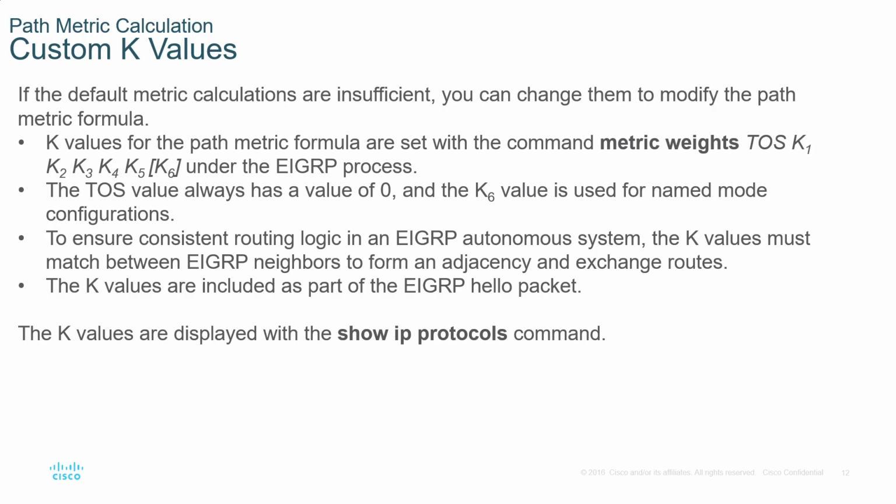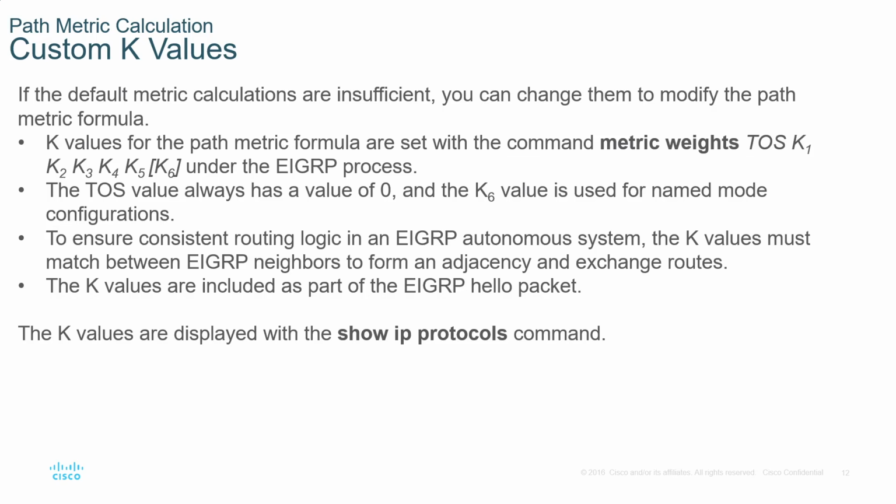Now, metric weights is the command that you want to enter for the changing of the metric calculation. But you don't just go in and change it on one value. You actually have to put in all K values.